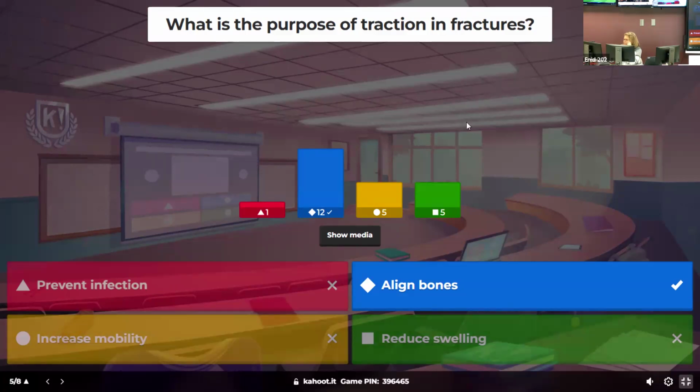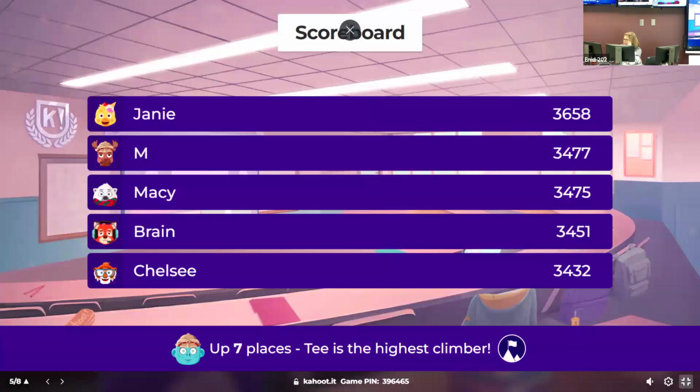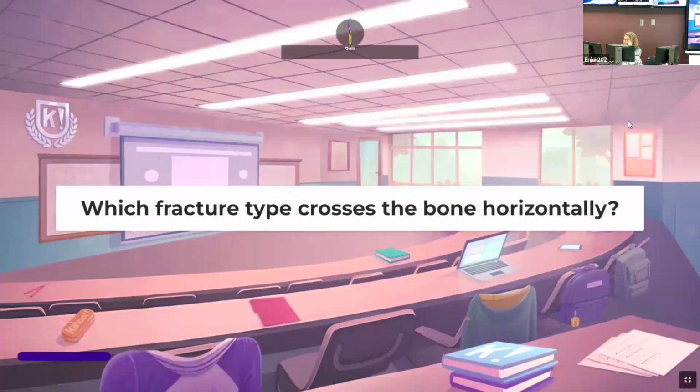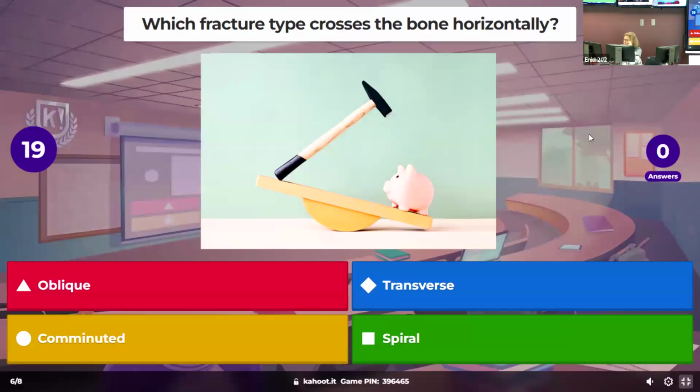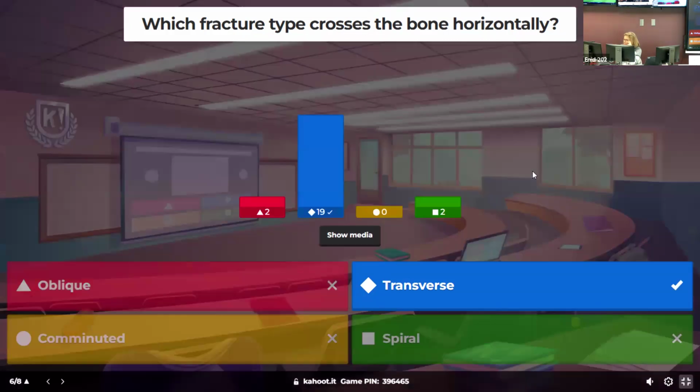Just remember that. Which type crosses the bone horizontally? Transverse. Think transverse, like breaking across straight.